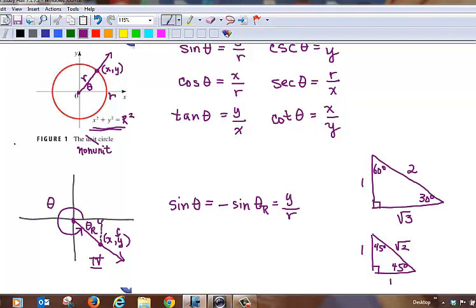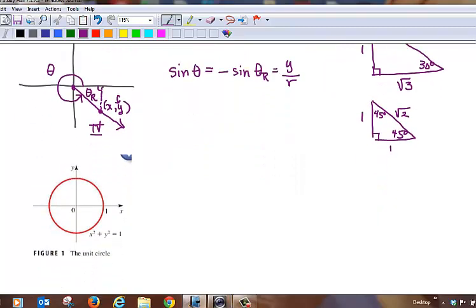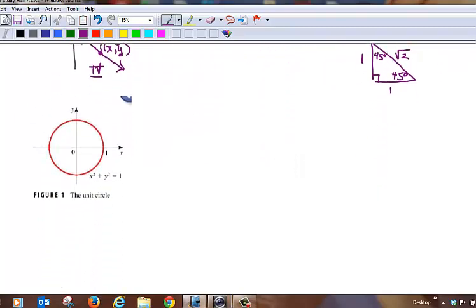The only difference between this and what we call the unit circle is that now, instead of saying my circle is of radius r, we force the radius to be 1. So if I identify a point xy on the unit circle, here my distance r is 1. If this angle is theta, then the sine of theta is still y over r, but since I'm forcing r to be 1, that's y over 1, so the sine of theta is just y. Similarly, the cosine of theta is x.